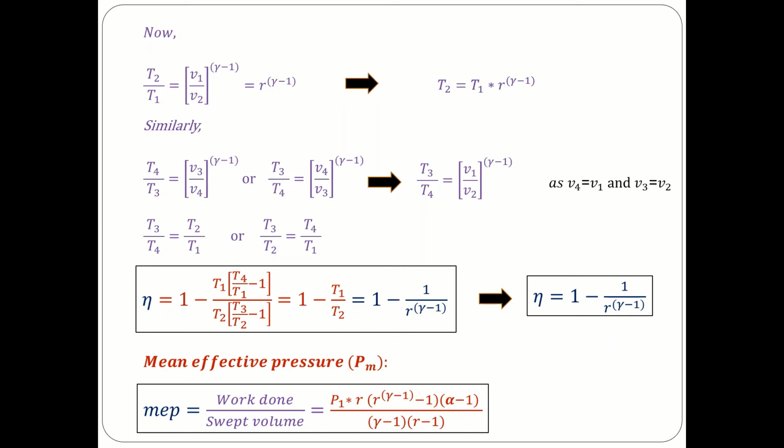Now R is the compression ratio, which is total volume, that is the volume before the compression, which I explained to you earlier, divided by the volume after compression, which is clearance volume. So that can be easily calculated if you know the dimensions of the cylinder, and gamma for air it is 1.4, right. So you can easily obtain efficiency by using this expression for an Otto cycle.